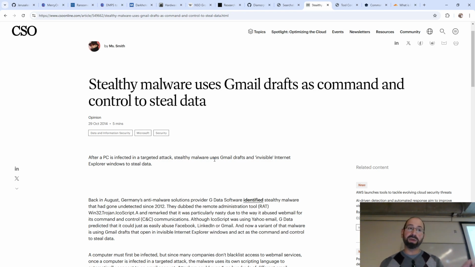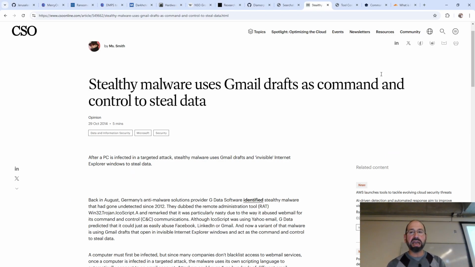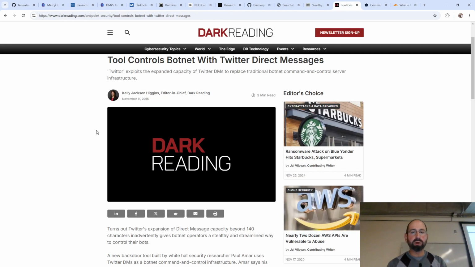Anything that has an API for programmatically both writing to and reading from, which also probably needs some sort of authentication or permission structure, would allow for that. So email and social media, at least for a time when the APIs were a bit more open than they are today, were in common use for sending command and control messages.